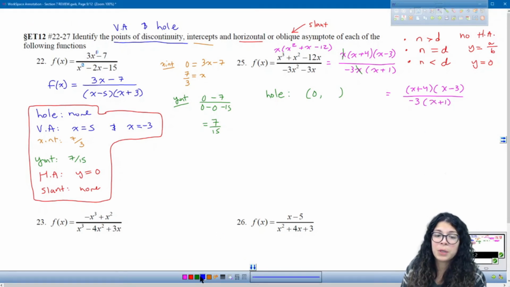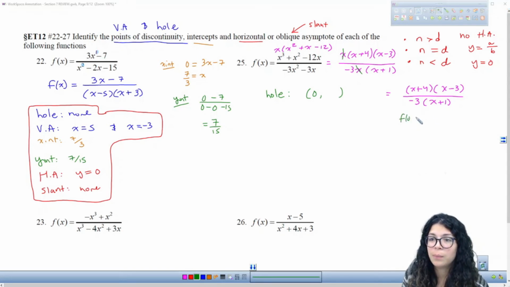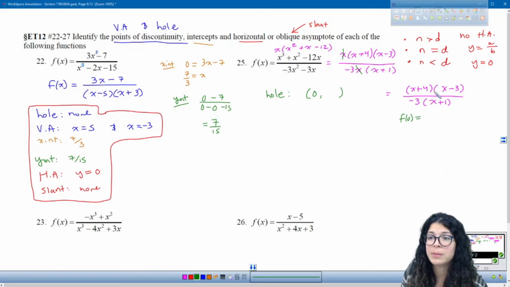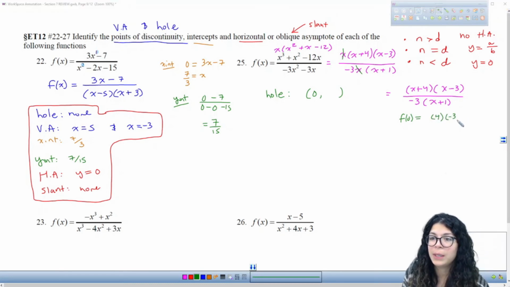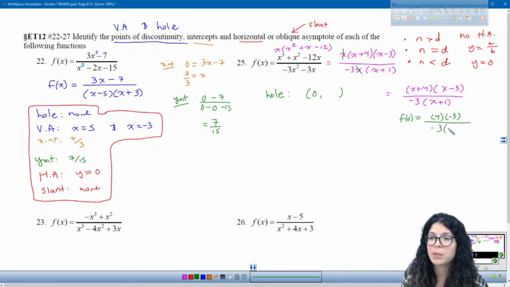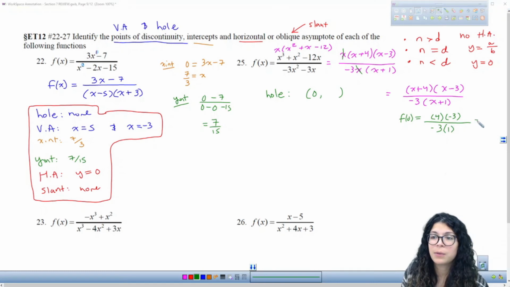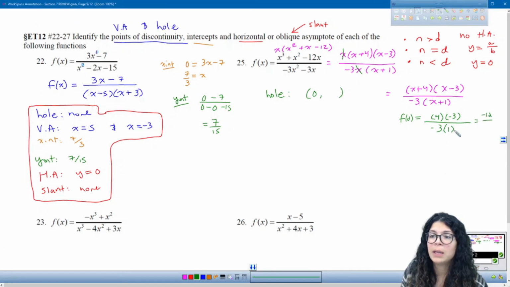Let's plug in x is 0 into the simplified form. 0 plus 4 is 4. 0 minus 3 is negative 3. 0 plus 1 is 1. 4 times negative 3 is negative 12. Negative 3 times 1 is negative 3. Negative 12 divided by negative 3 is 4. So that is the y value of our hole.